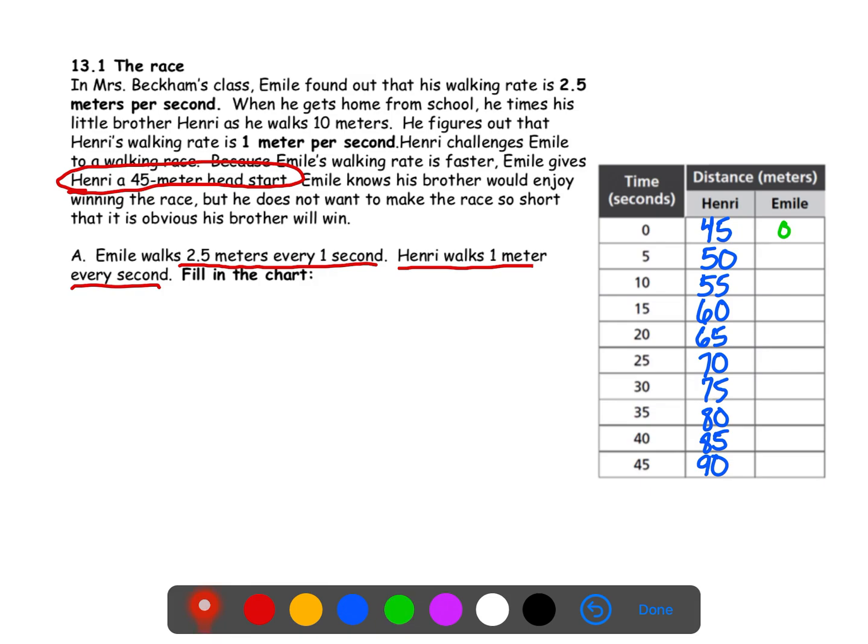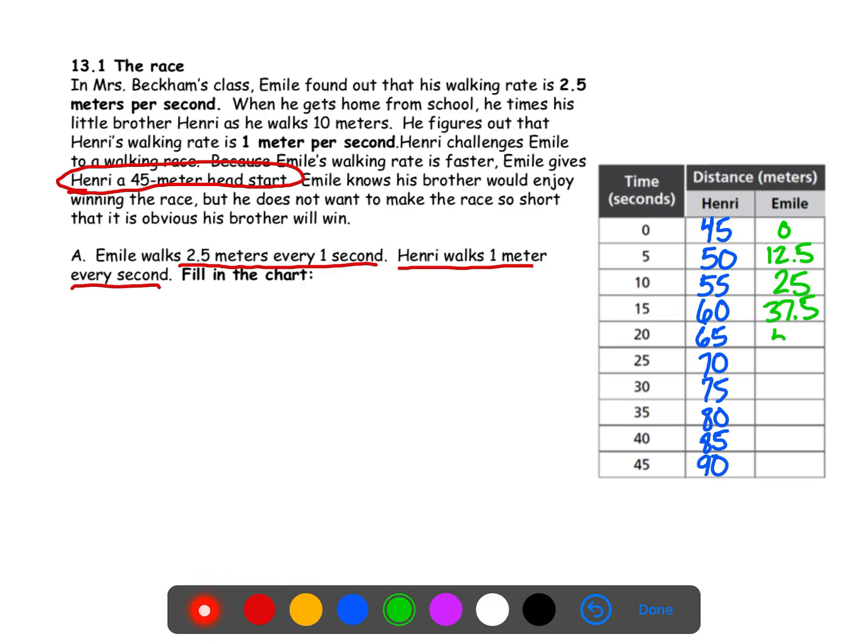So we're going to take each of these seconds times our constant of proportionality, 2.5, to get his distance. So the first distance after 5 seconds is 12.5 meters, then 25, then 37.5. Each of these I'm finding by multiplying the time times Emil's speed of 2.5, that constant of proportionality.